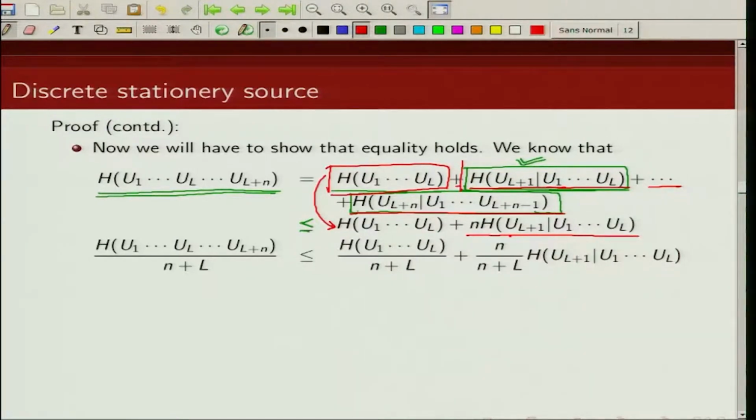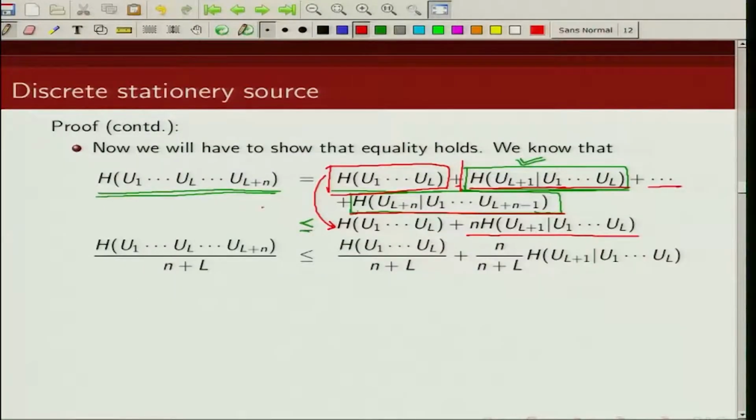And this follows from the second property, which states that as L increases, the uncertainty in UL given U1, U2, up to UL minus 1 is non-increasing. Fine.